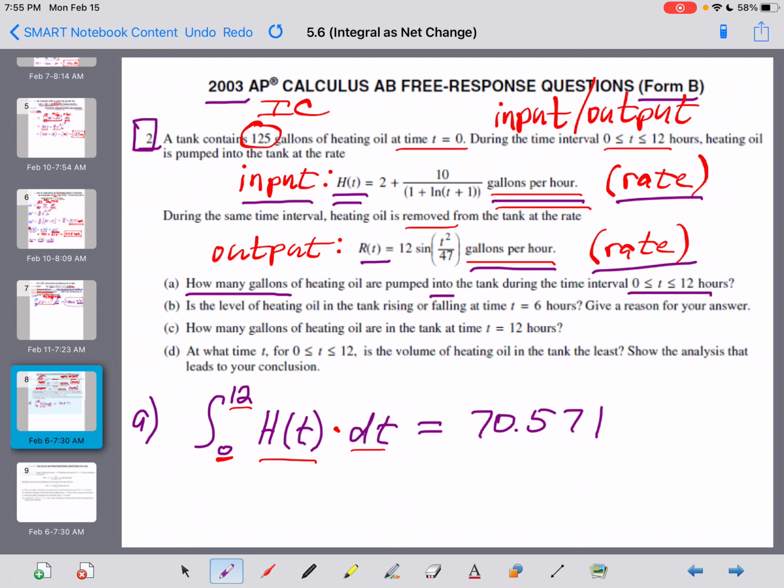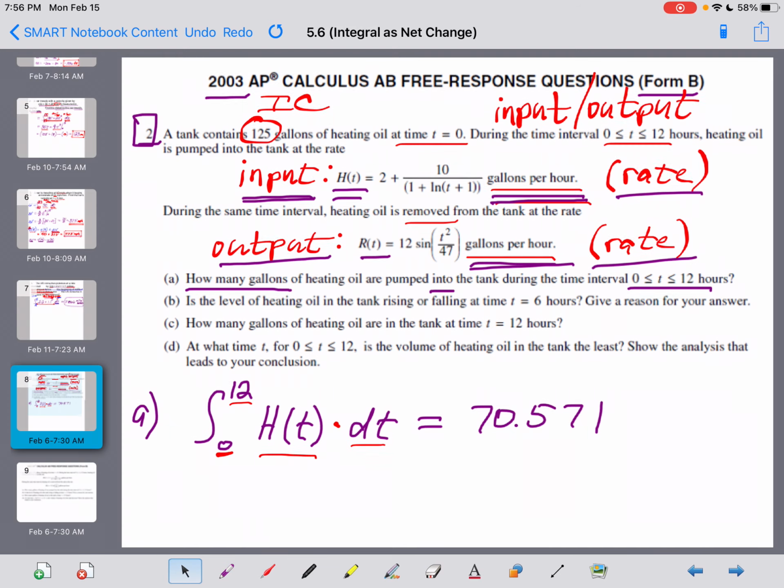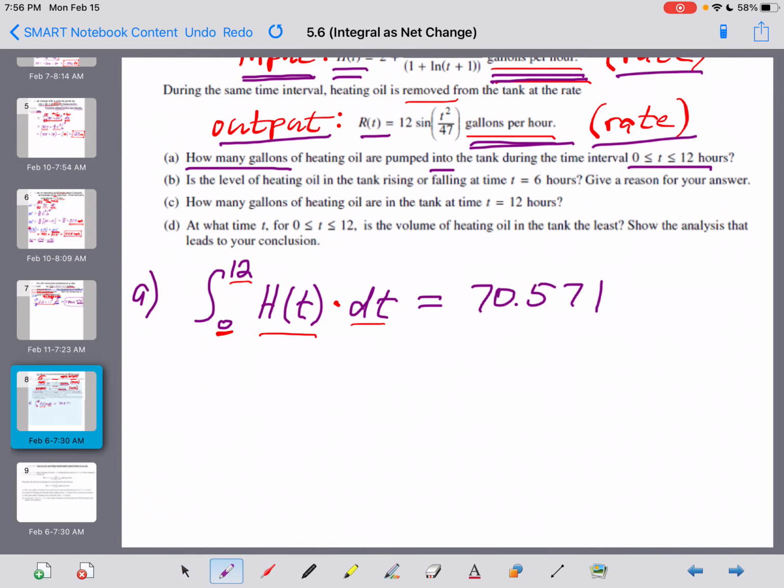If the input rate is greater than the output rate, that means oil is being pumped in at a greater number of gallons per hour than it was being pumped out. So if the input rate exceeds the output rate, then the level of heating oil will be rising. But if the input rate is less than the output rate, that means heating oil is being taken out of the tank faster than it can be replaced. Well, in that case, our level would be falling.